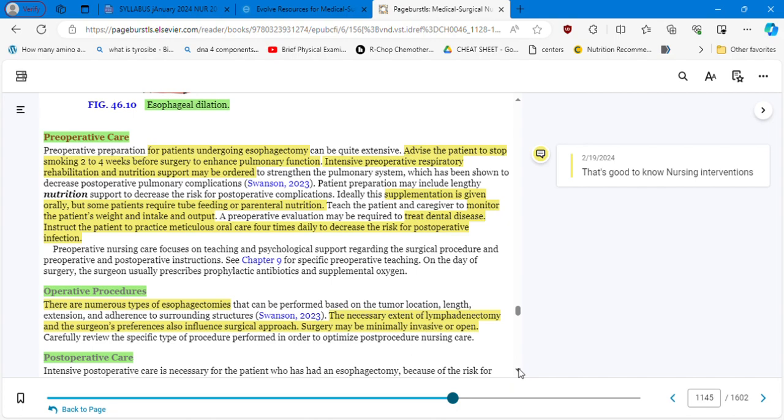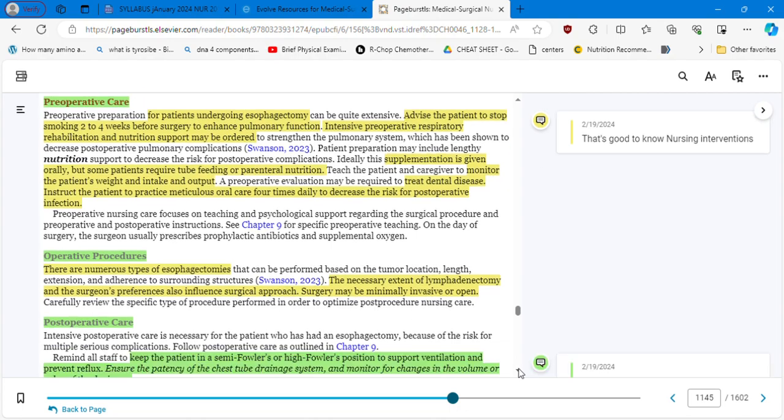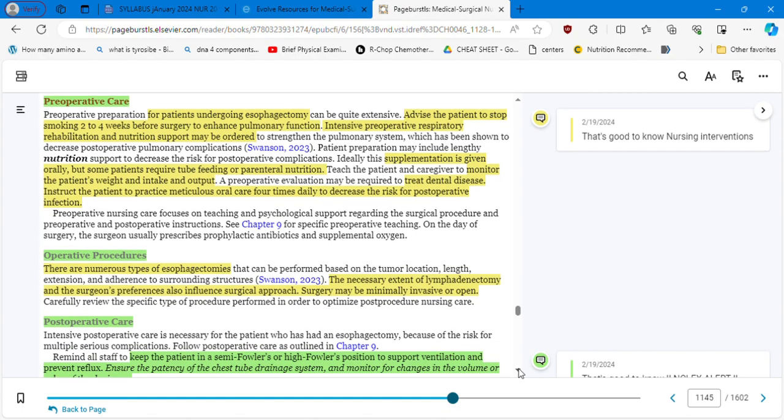Intensive preoperative respiratory rehabilitation and nutrition support may be ordered. Supplementation is given orally, but some patients require tube feeding or parenteral nutrition. Monitor the patient's weight and intake and output, treat dental disease, instruct the patients to practice meticulous oral care 4 times daily to decrease the risk for post-operative infection.